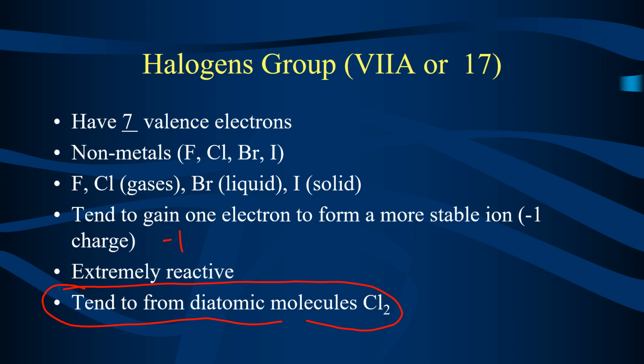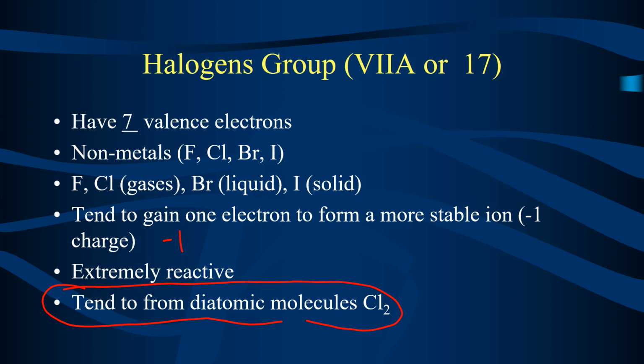And then you get to boron, carbon, nitrogen, and oxygen. Each of those groups are named by the first element in the column. So group 3A is boron group. It has 3 valence electrons. It makes a +3 charge because it's easier to lose 3 electrons.